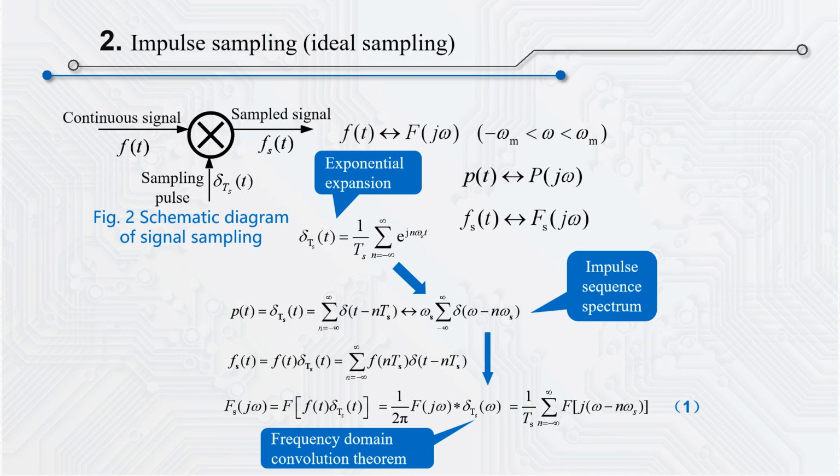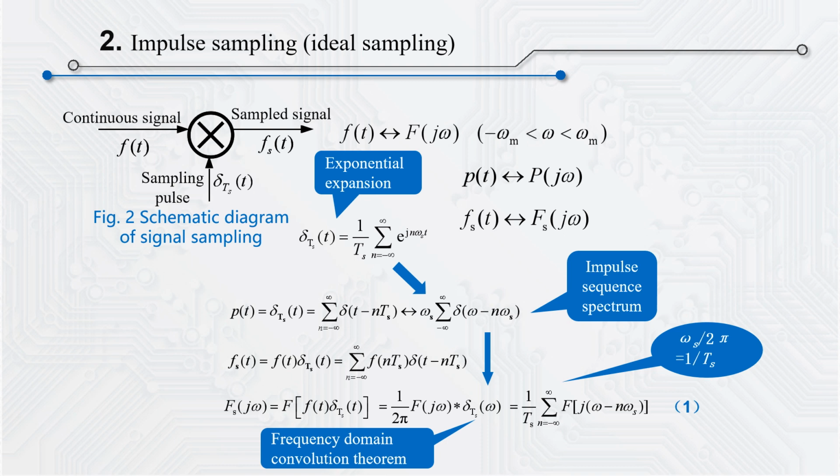In this calculation, we use such a basic expression: ωs over 2π equals 1 over Ts. According to the frequency domain convolution theorem, there is a coefficient 1 over 2π in this formula. In the expression of the frequency spectrum of the original impulse signal, there is a coefficient ωs.